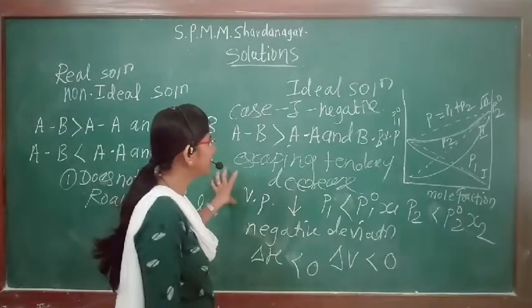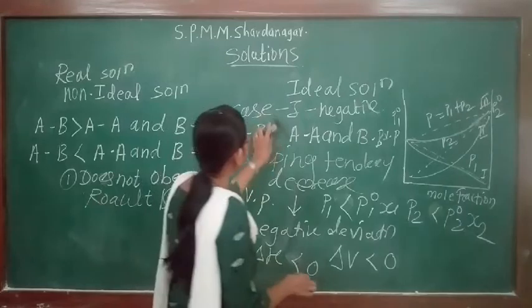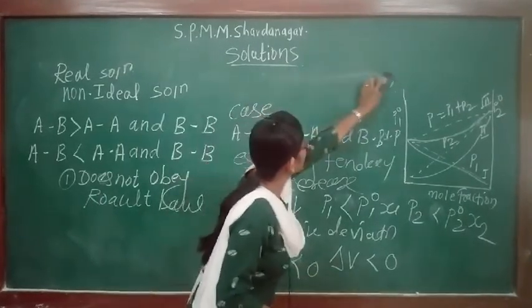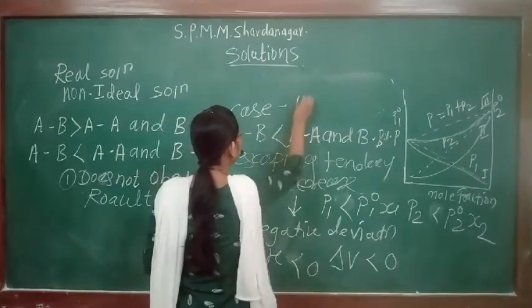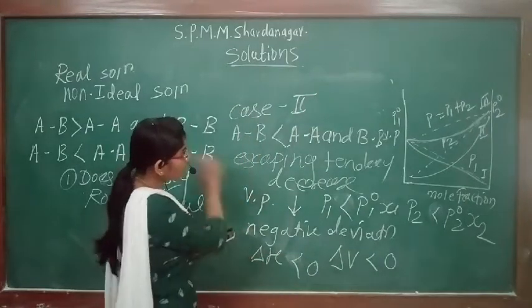This is for the negative deviation. In case second, if this interaction is lower than the solute-solute and solvent-solvent interaction, then what happens?